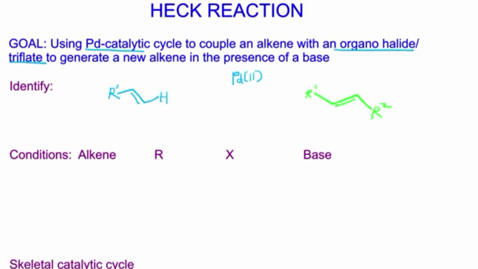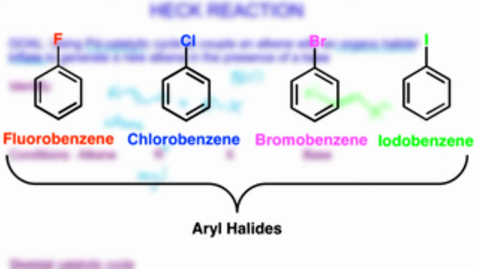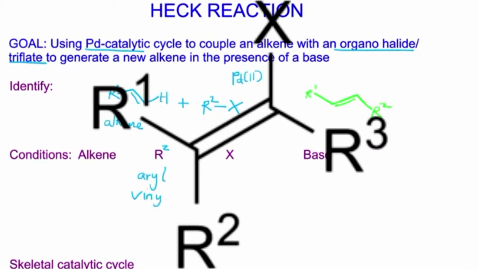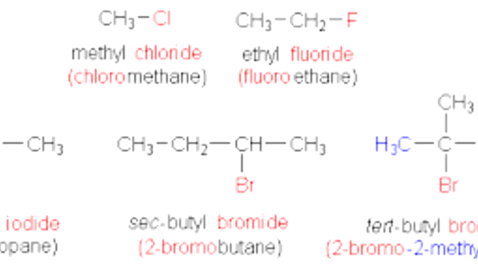to be able to generate the 16 electron palladium catalyst, which we represent as R2 bonding with X, where if you look at the conditions, we know that R, which we'll say is R2, is either an aryl or vinyl or alkene.